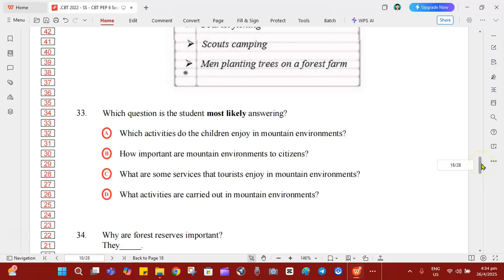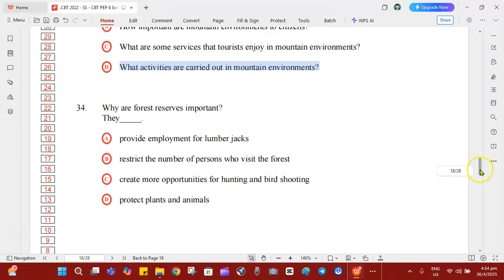Mention tourists, but other people are mentioned, all right? D, what activities are carried out in the mountain environment? So the most appropriate would be D. So you'd have scouting, you'd have planting, and you'd have tourists doing what they're doing. So it would be D, what activities are carried out?